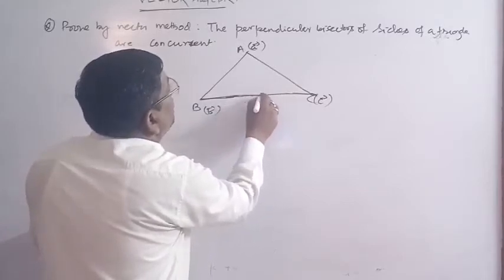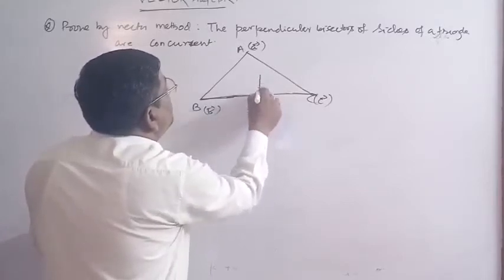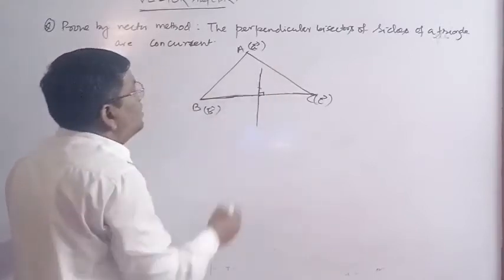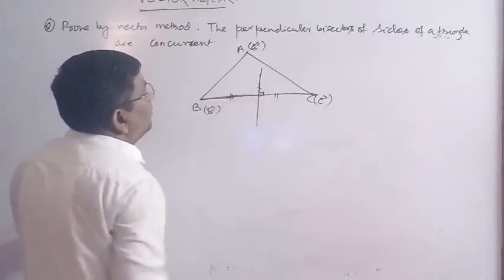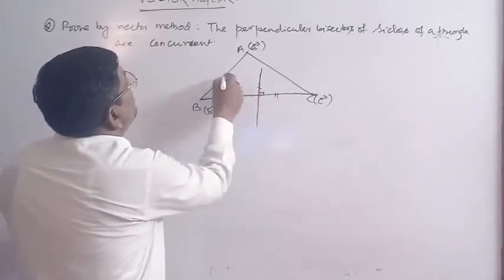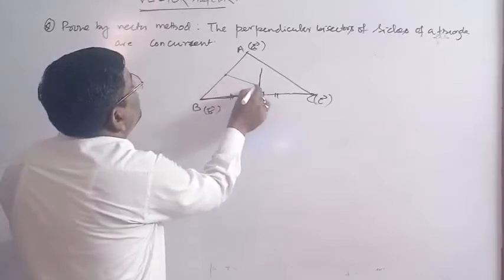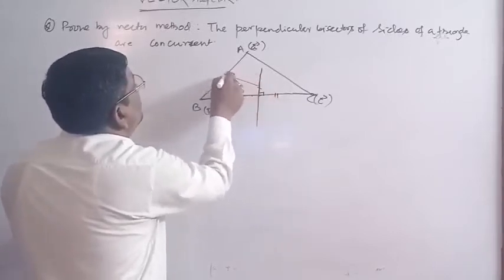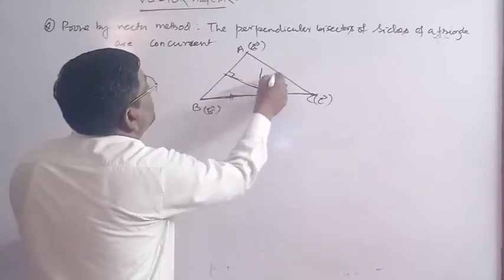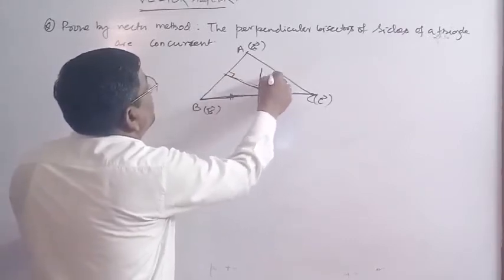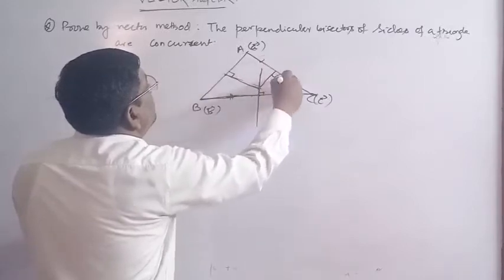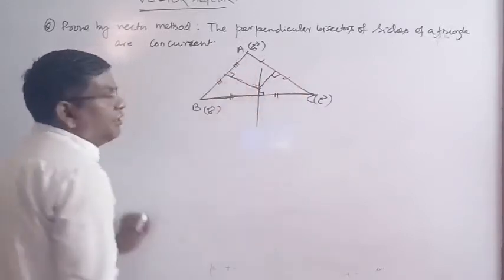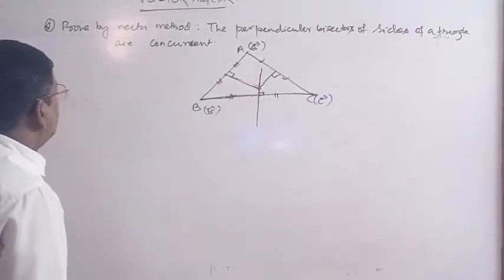Suppose this is the midpoint, this is the perpendicular bisector, meaning 90 degrees here, and these two parts are equal. Again suppose this is the midpoint and this is 90 degrees. This is another bisector of the sides. This side is equal to this side, and this side is equal to this side. Clear?